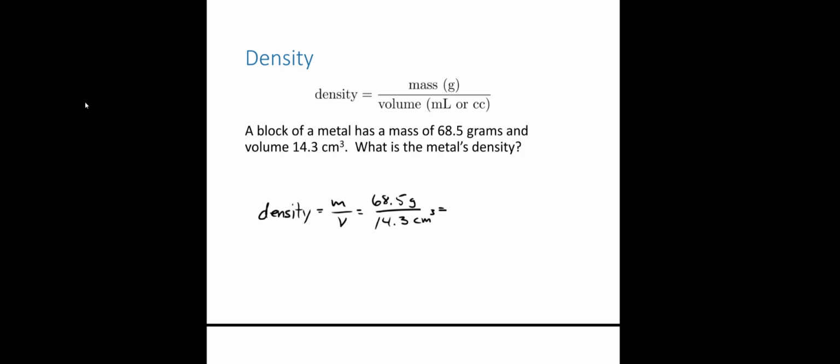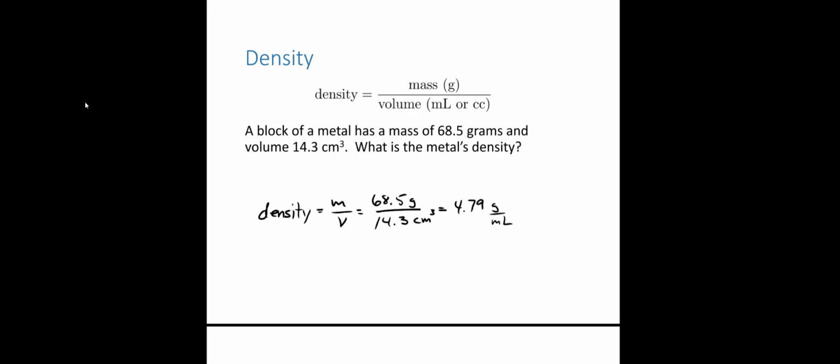So 68.5 divided by 14.3 is 4.79. Oops, let's rewrite that. 4.79 grams per milliliter for that metal.